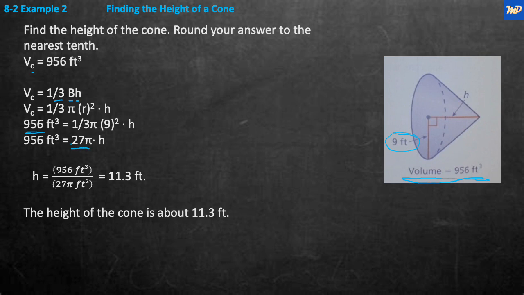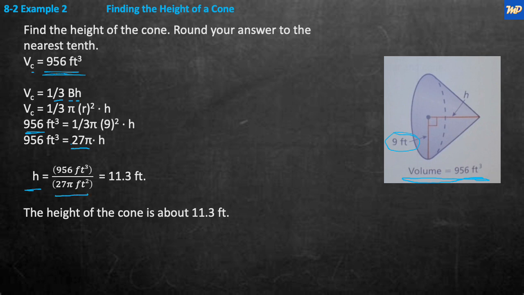They're wanting us to find h, so let's look for it. H is 956 feet cubed divided by 27 pi feet squared.